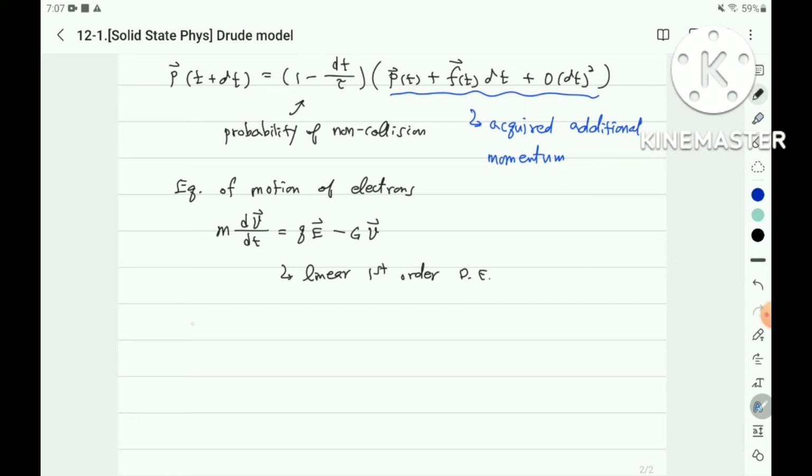because the standard form of the linear differential equation is y prime plus p(x) y equal to q(x).